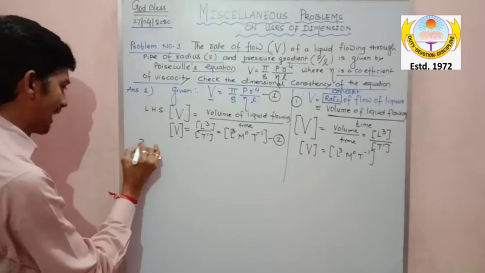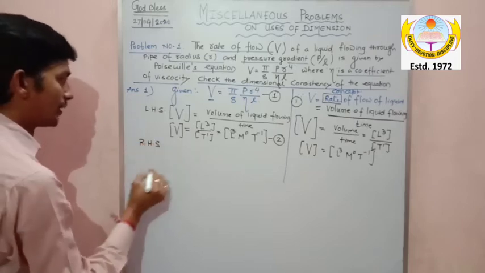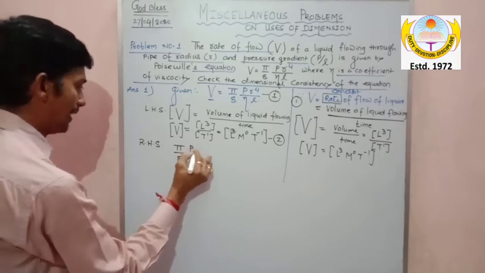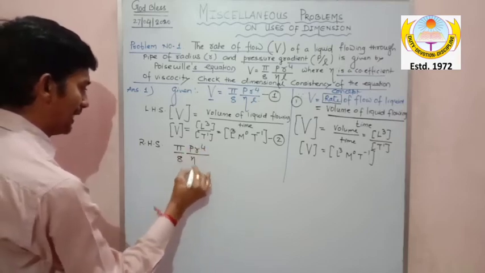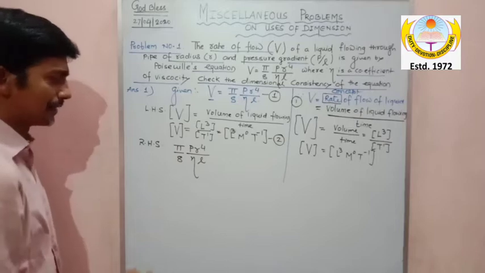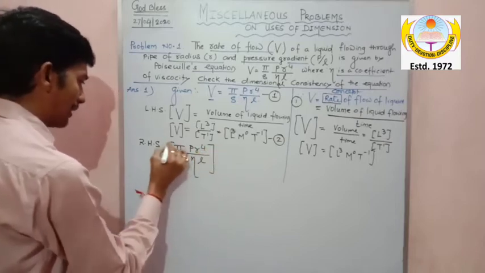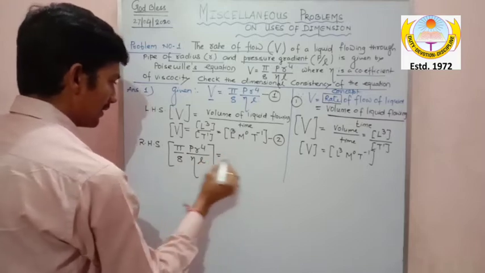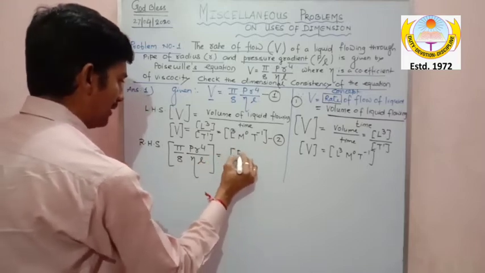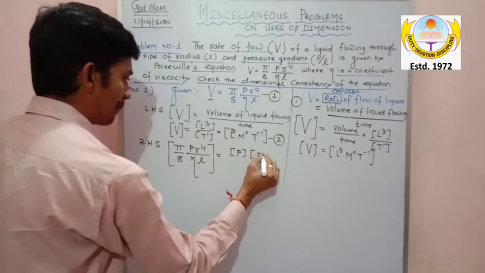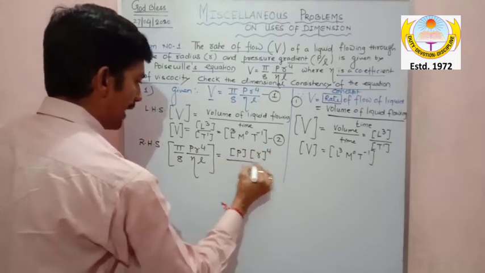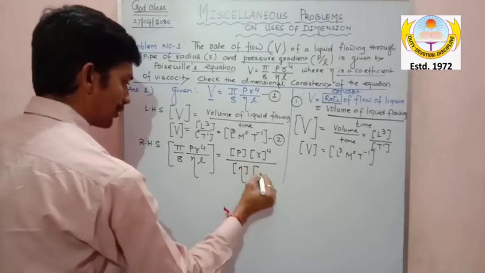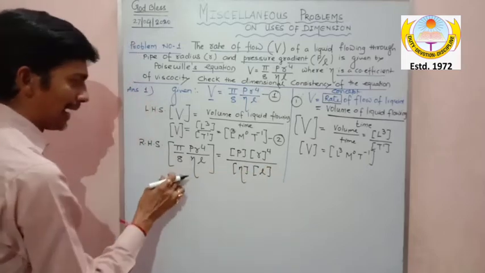Now on the right hand side, my dear, we have pi by 8 P r power 4 divided by eta into L. Now when I go for the dimension of the right hand side, here I will write dimension of P, dimension of r power 4 divided by dimension of eta multiplied by dimension of L. Sir, what about pi by 8?